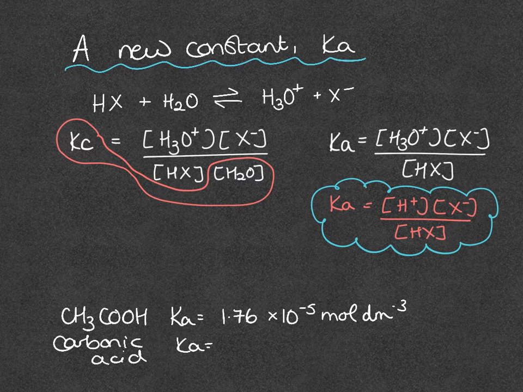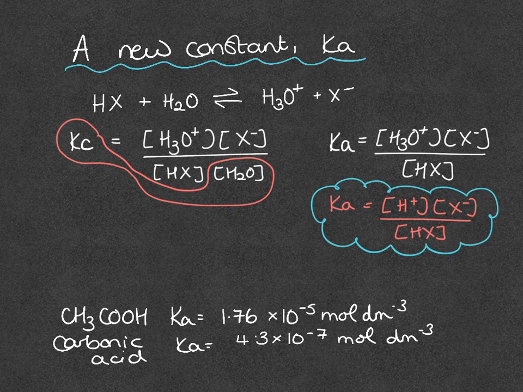And in that case, the Ka is 4.3 times 10 to the minus 7 mol per dm cubed. So just comparing those numbers, the carbonic acid has a much smaller Ka than the ethanoic acid.